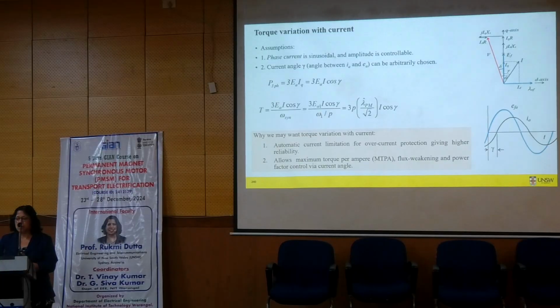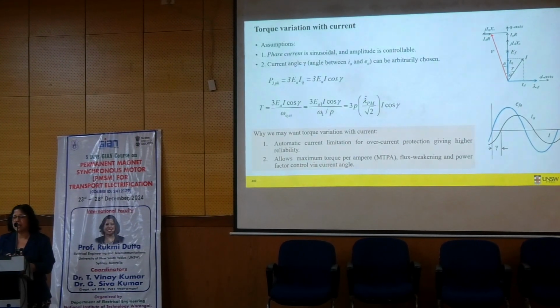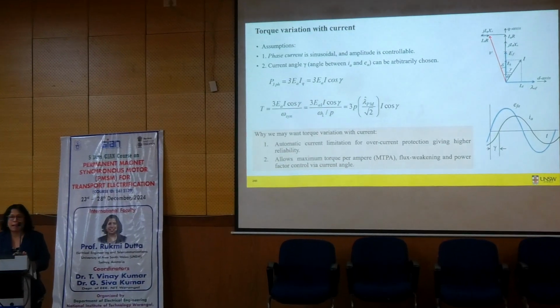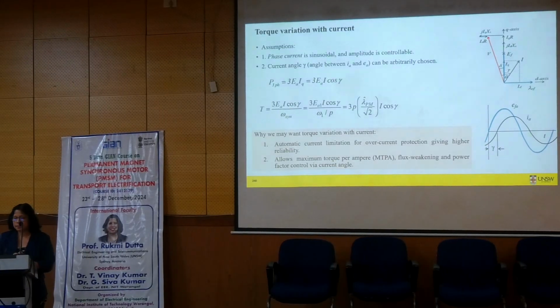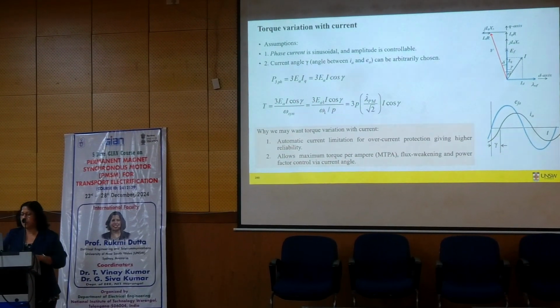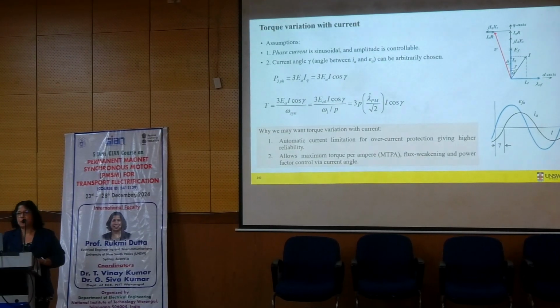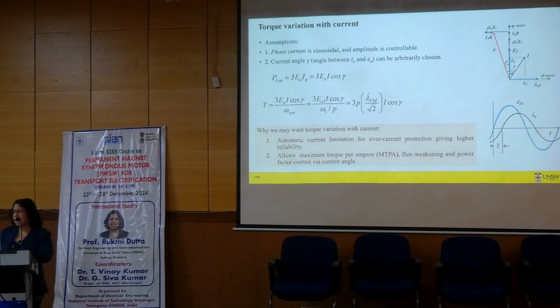We can also use, based on the same steady state equation, a current control. Okay, we could do current control too. To understand current control, you may want to look at this vector diagram here, or phasor diagram, of the voltage and current.